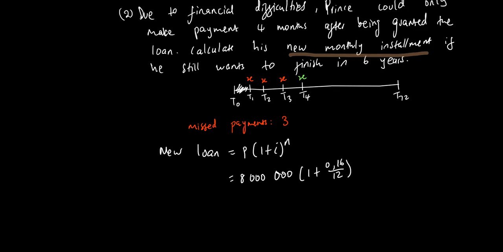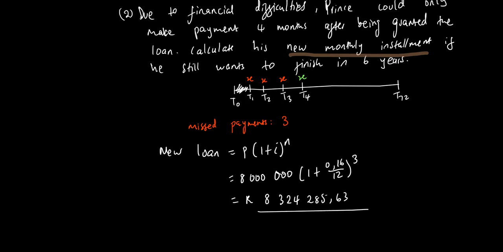So here we don't put negative, guys, we just say 3. We are growing the loan again. So you take that 8 million times (1 plus 0,16 over 12) to the power of 3. You grow the loan. Now the loan is going to be 8,324,285.63. This is the new loan.